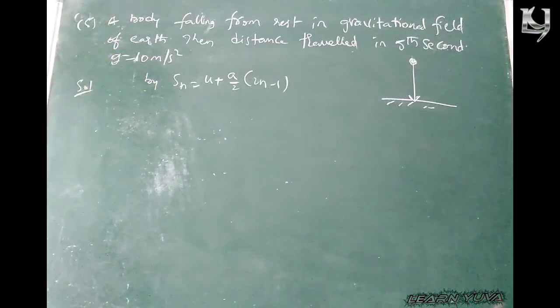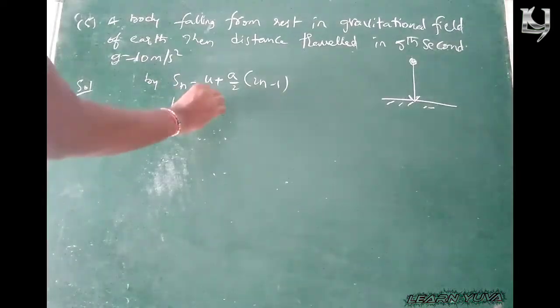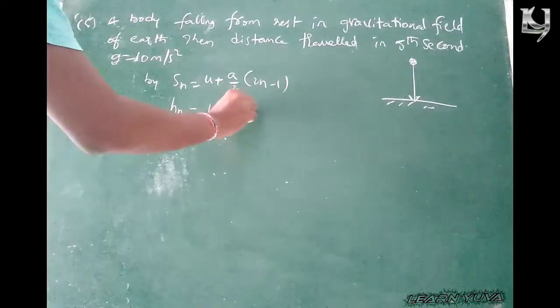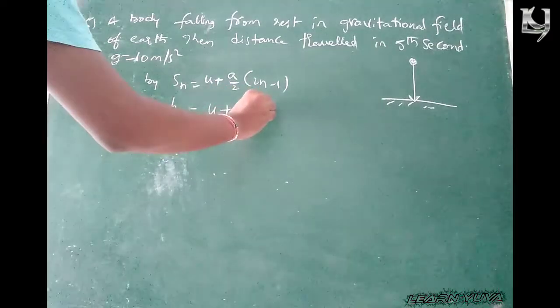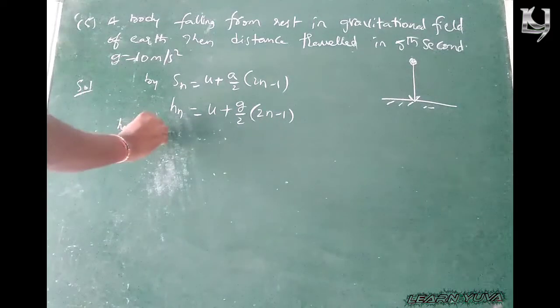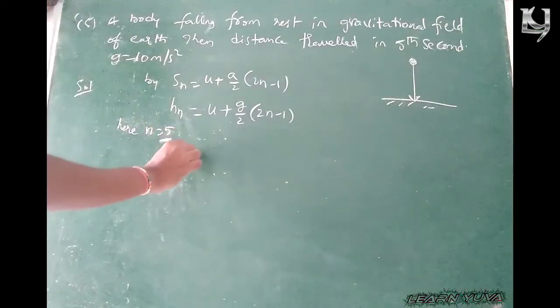Converted to under gravity, Sn is nothing but hn is equal to u, for a freely falling body, plus g by 2 into 2n minus 1. Here n is equal to 5, so hn is equal to u.